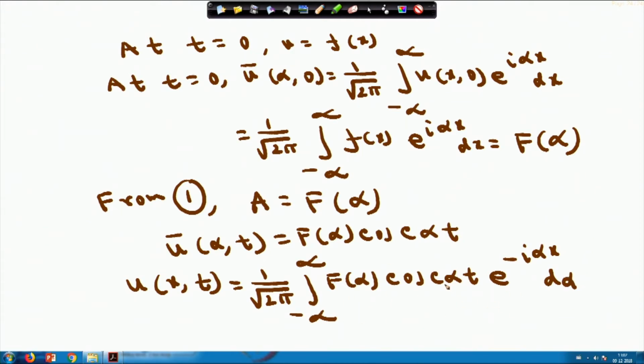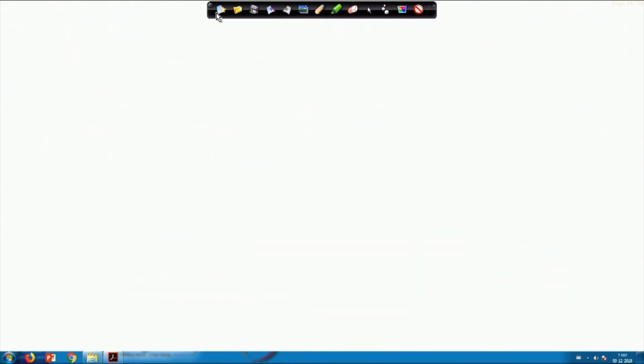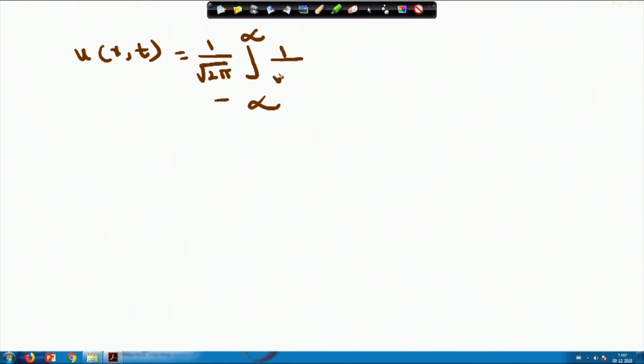What I will do at first, this cos function I can break it, and this F alpha I can write in terms of the Fourier function. So, I can write u x t equals 1 by root 2 pi, integral from minus infinity to infinity, then capital F alpha is there; capital F alpha you can write as integral from minus infinity to infinity f u into e power I alpha u du.